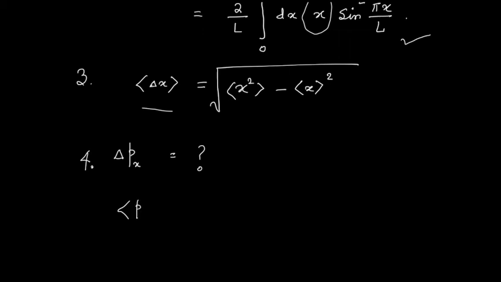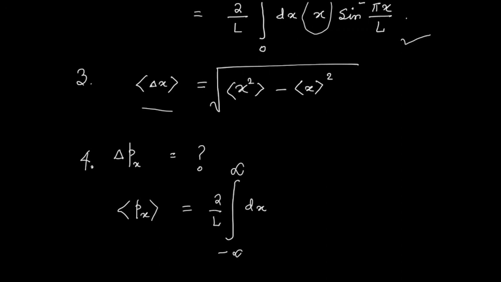So for this, if you calculate, say, first the average of px, I will calculate that because you'll see that is very straightforward to do. So the integral from minus infinity to plus infinity dx, 2 by L will come outside.